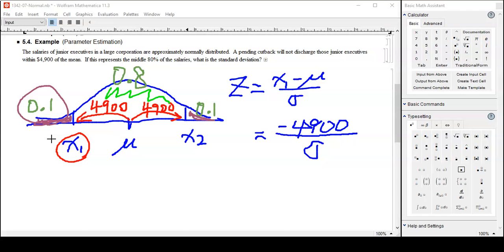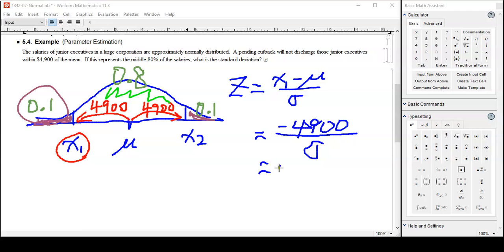Can you make things out of this picture now? The z-score is x minus mu over sigma. I don't know x or mu, but x minus mu is negative 4,900. The problem says so. As for the z value, that's going to be the 10th percentile, 0.1 here. By looking up the z-table, I can figure it out.